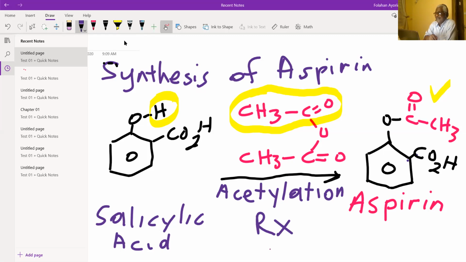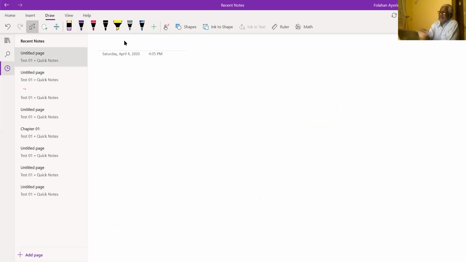Okay, so let me give you a better overview of this particular reaction, just to show you the seamless way in which you use the Microsoft Office OneNote. To remind you again, I'll go to the next page. It's easy to do.